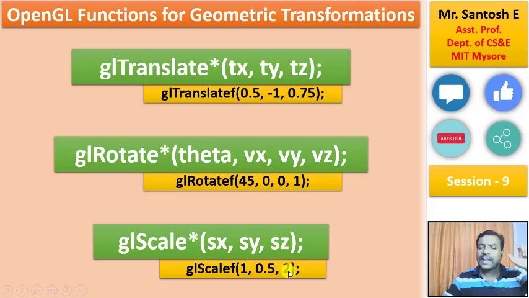And for the z axis, I am giving 2. Now this will stand as 200%, so in the z axis the scaling factor is increased by 200%, or it will be doubled. Hence nothing is changed with respect to the x values, 50% will be reduced in the y values, and the z values will be doubled.